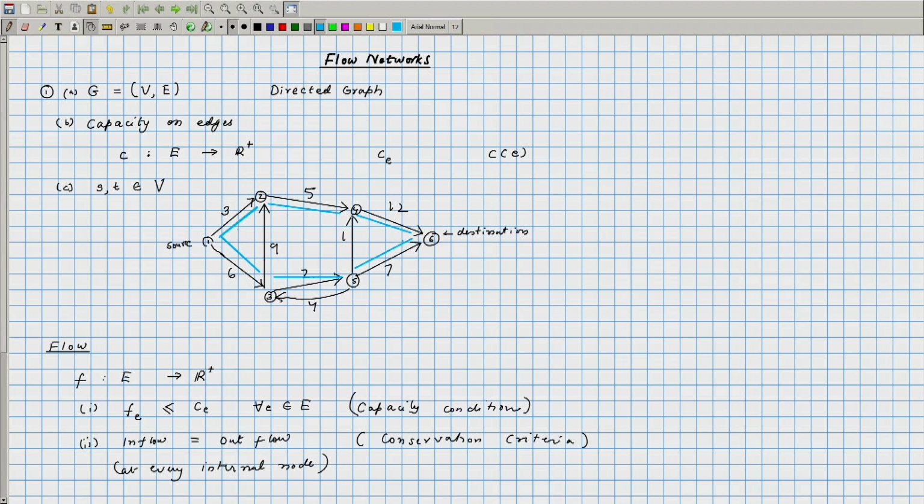Now, we could look at increasing the flows. So, let me just indicate it by numbers. Let us say I had sent 3 units through this and 4 units through this.